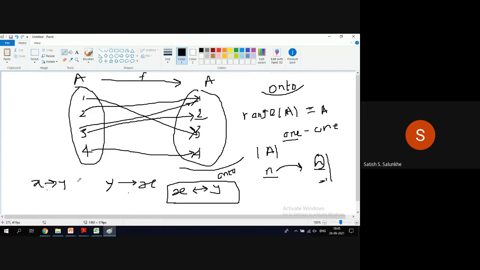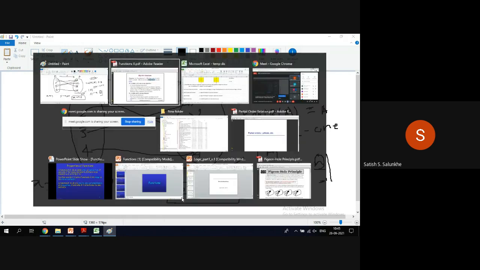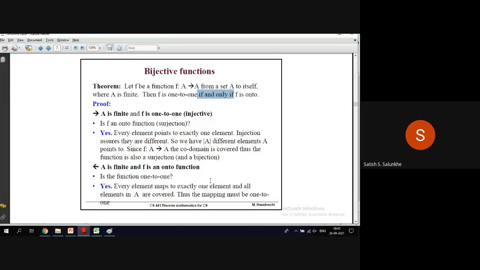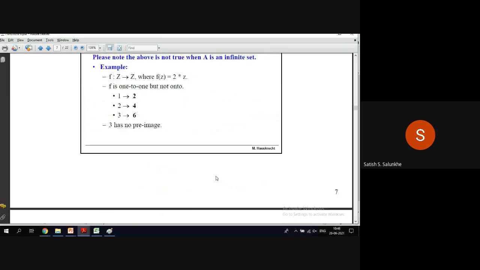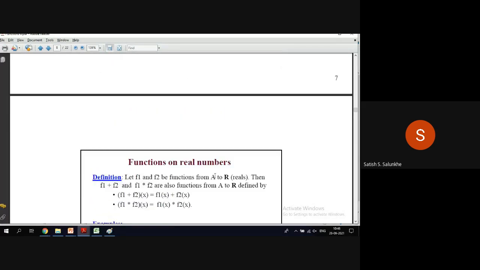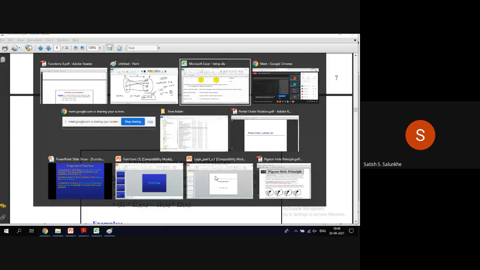When X implies Y and Y implies X, we say X is bidirectional with Y, which means X if and only if Y. If X is true, then Y is true, and when Y is true, X has to be true. That is the meaning. We'll see this in logic when we start the logic section. That time the things will be clear. So I will shortly come to this function again.